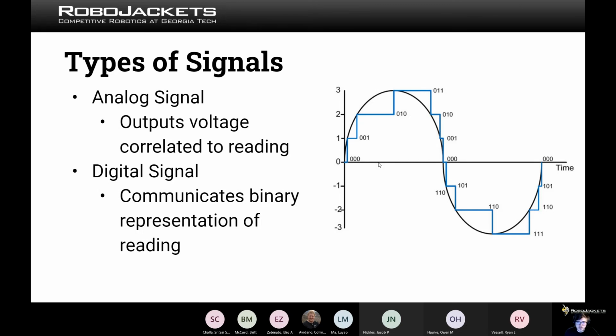If you look at this graph, there's this sinusoidal looking signal, but then you have this blue stair-steppy looking signal, and what that is, is the analog signal being converted into a value that is readable by the computer, which is technically digital with ones and zeros. But as you can see, this is more than just an on or off.